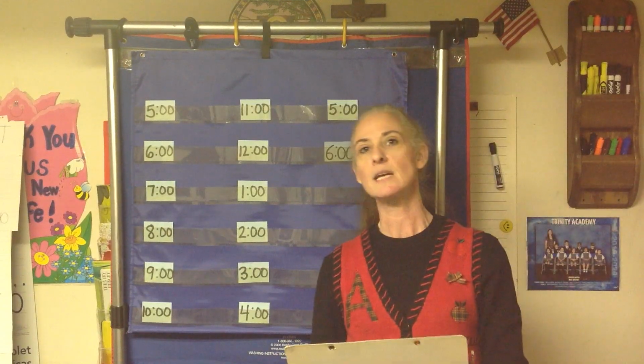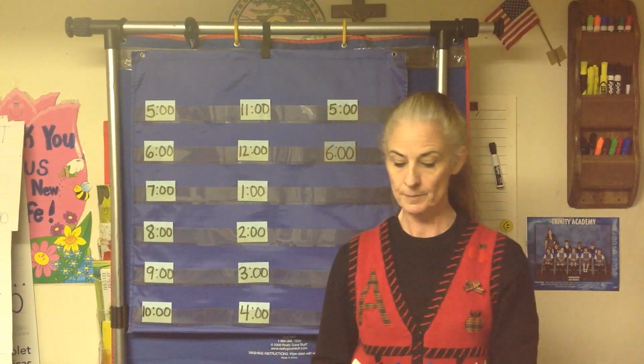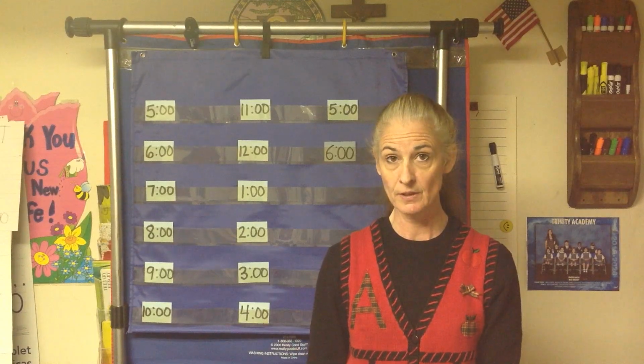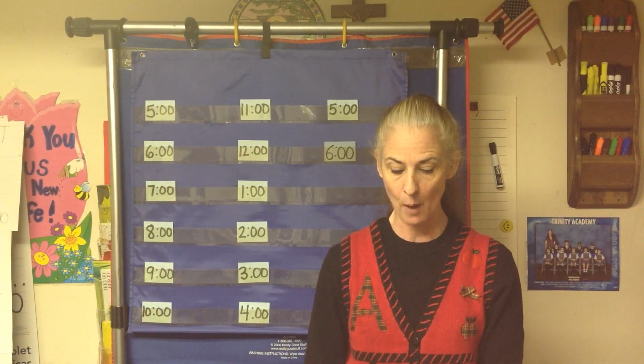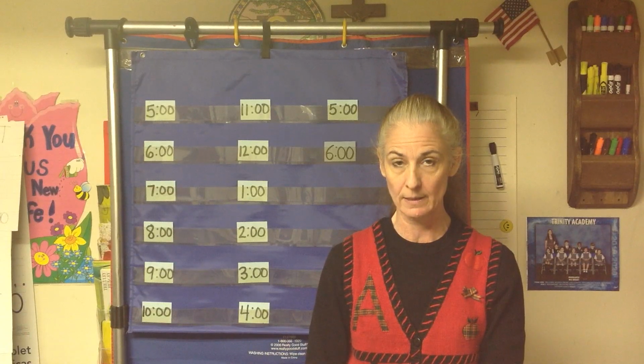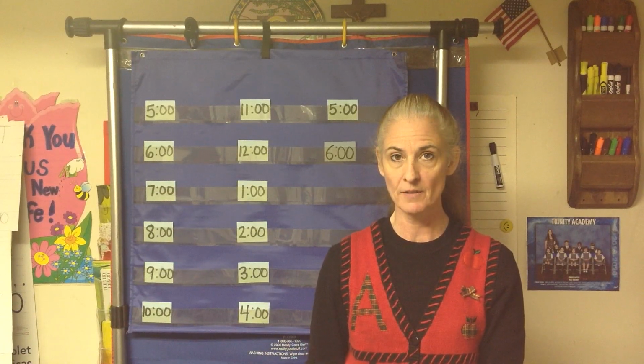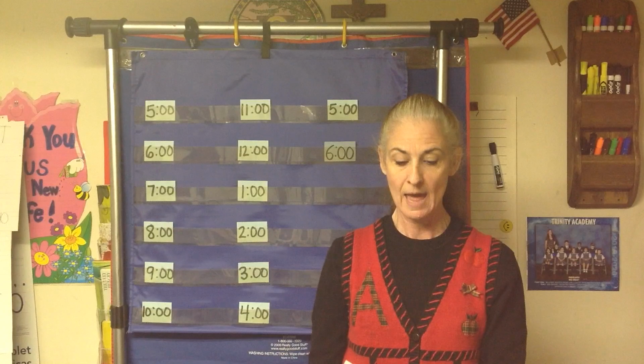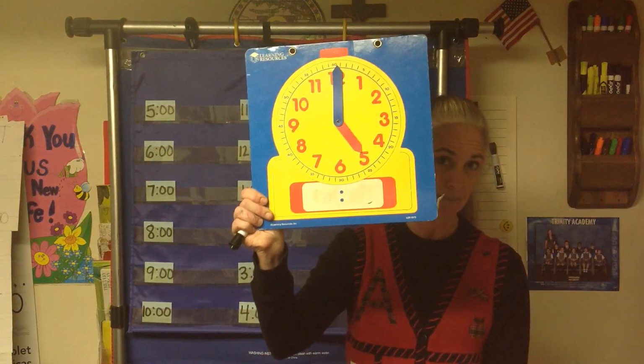Let's make your clock show 5 o'clock. So 5 is the hour. Find your short hand, your hour hand. Point it to the 5. And if it's saying o'clock, our minute hand, our long hand, is pointing to the top of the clock. Right now, you have that.